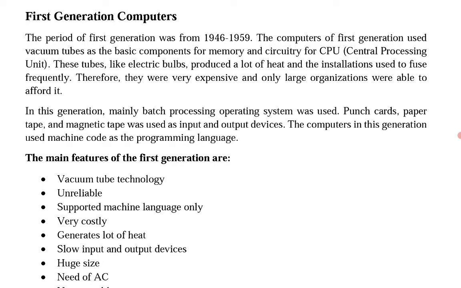These tubes, like electronic tubes, produced a lot of heat and the installations used to fuse frequently. So mainly vacuum tubes are introduced as the main electronic component for CPU, memories and other technologies. And in this generation mainly batch processing operating systems are used.